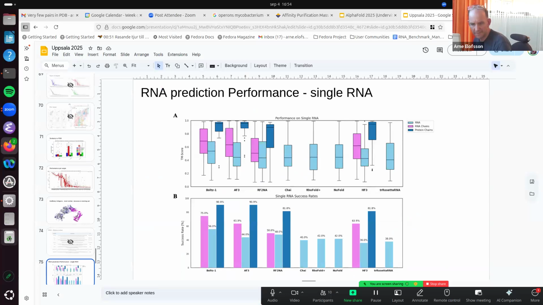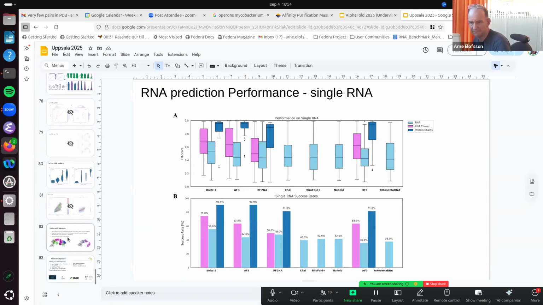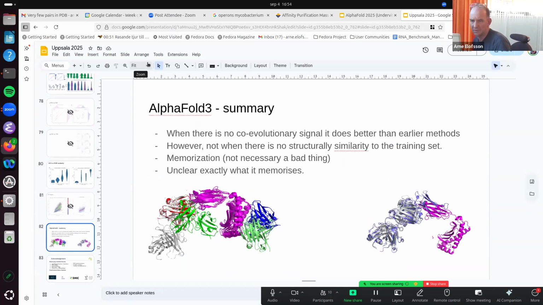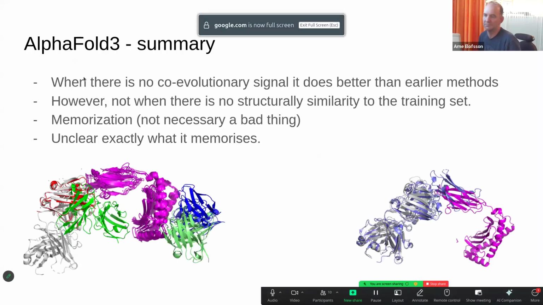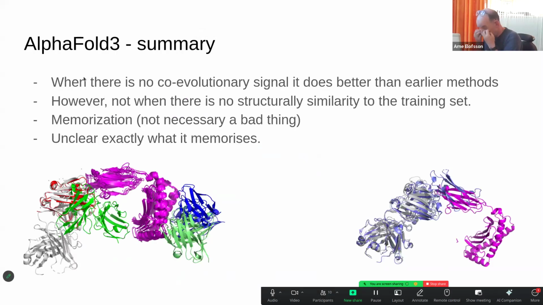So in summary, we can see that AlphaFold 3 does a better job, but not by really understanding physics or anything better. It does it by some sort of memorization of the training set, which maybe is not a bad thing, but it's different from understanding something new.